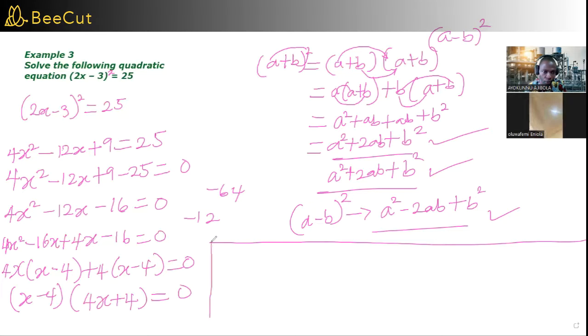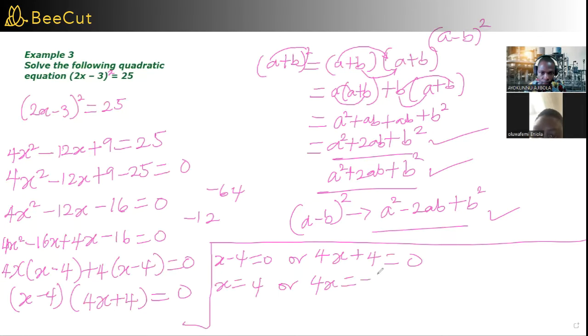Okay, now. So now I have x minus 4 equals 0, or 4x plus 4 equals 0. So I can now say x equals 4, or 4x equals negative 4.